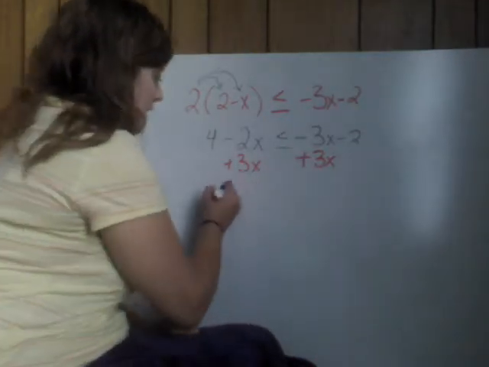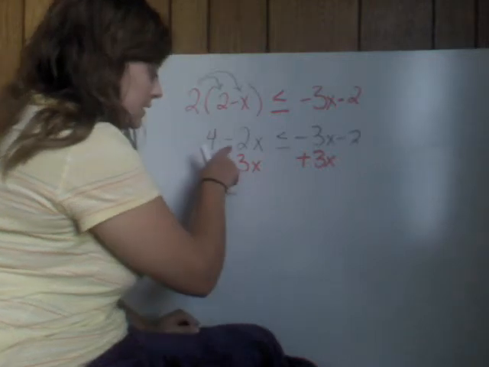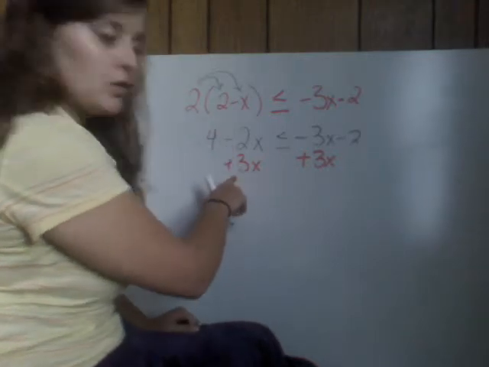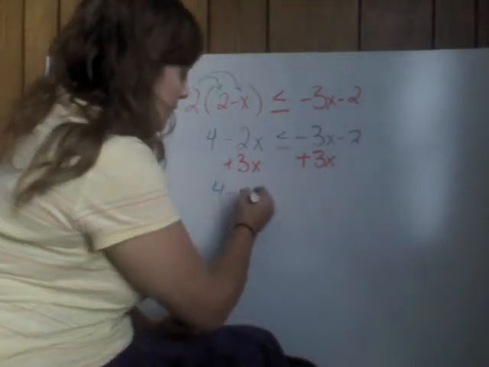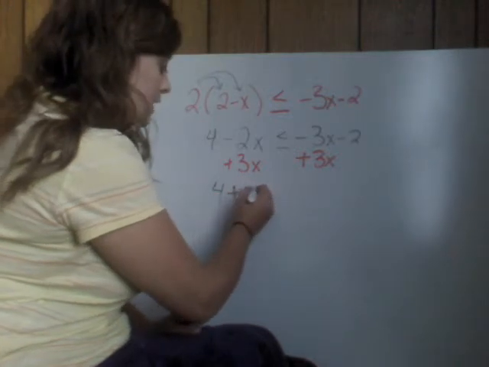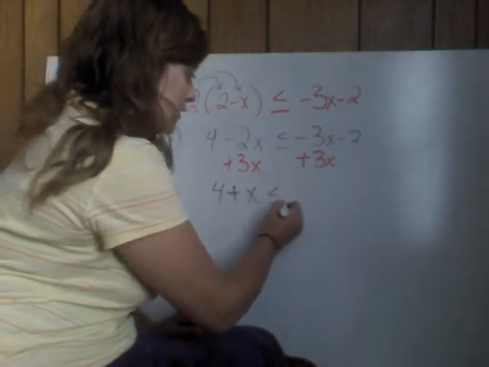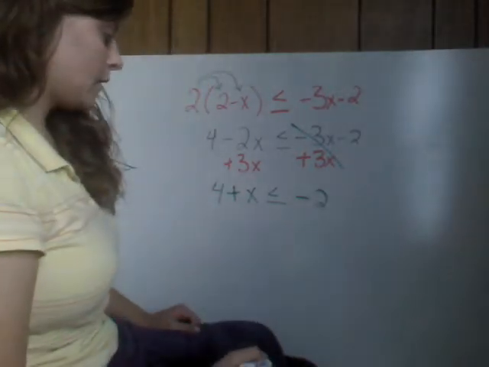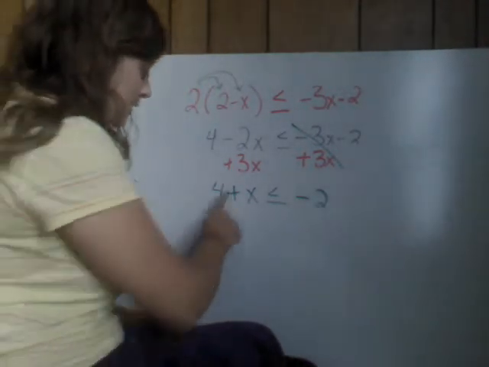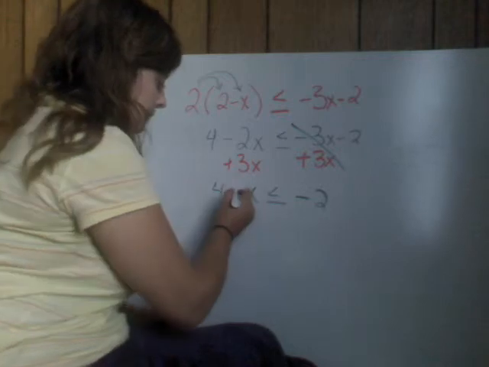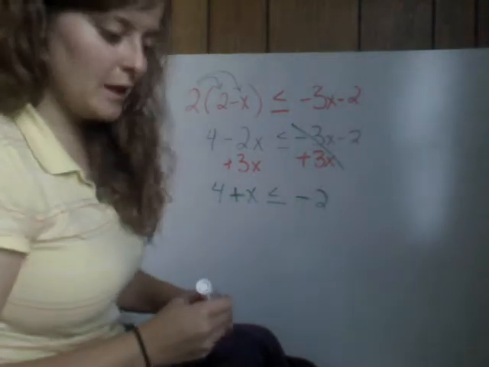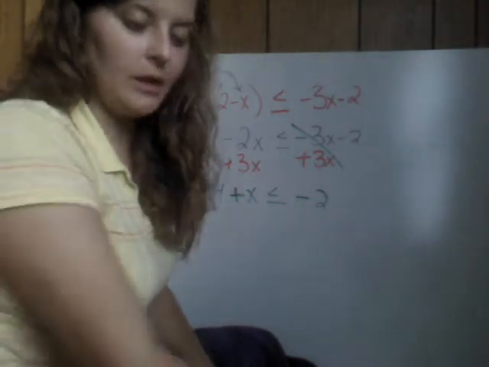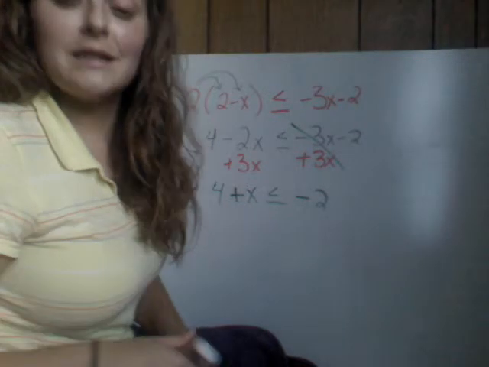I'm going to get 4 minus 2x plus 3x, which is a positive x. So 4 plus x is less than or equal to, those canceled out, so negative 2. That looks funny, I'm going to rewrite it. There we go. For anybody who hasn't watched me on video before, I'm crazy, so just disregard that.